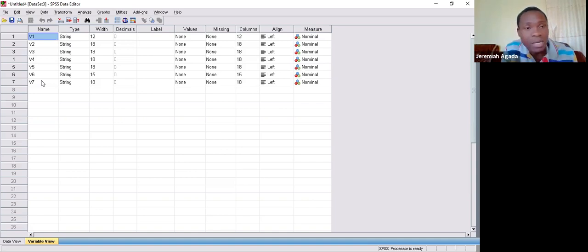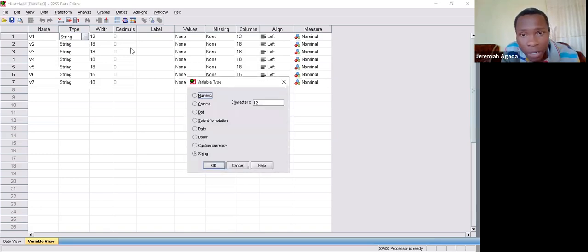I'm going to close this and reopen it again to correct something. Once you convert to number, it is obviously going to be numeric instead of string.